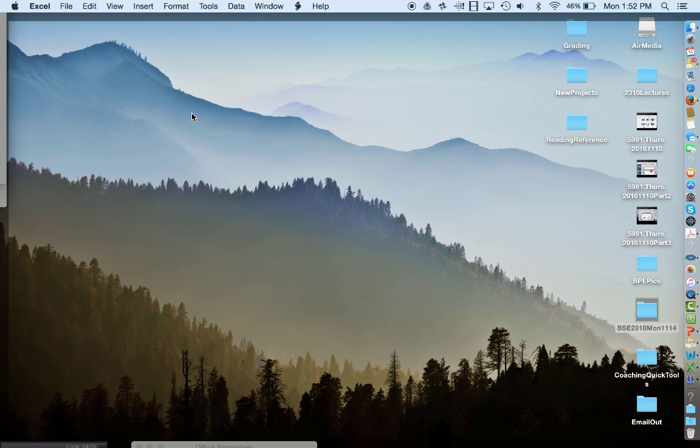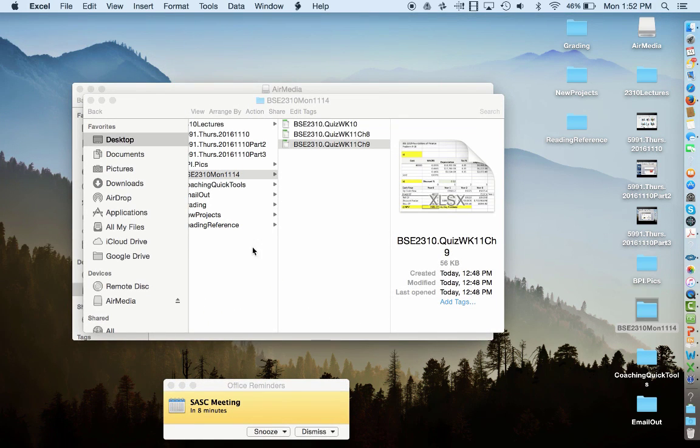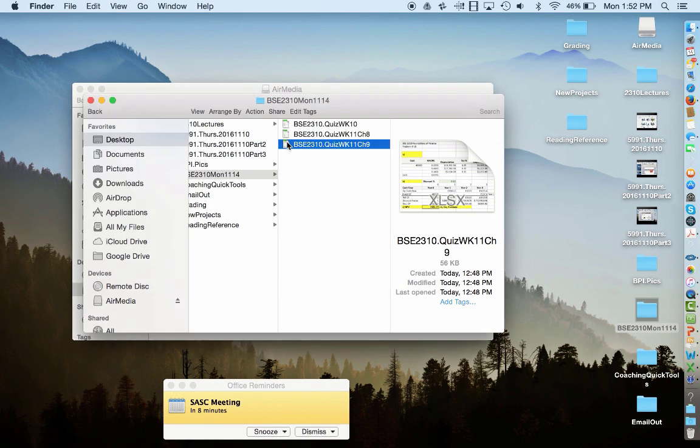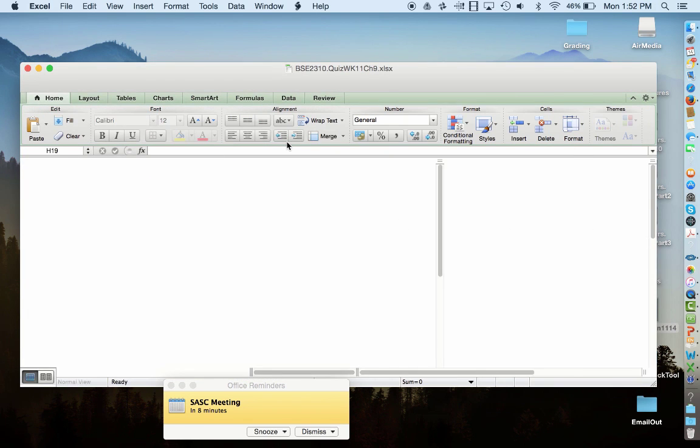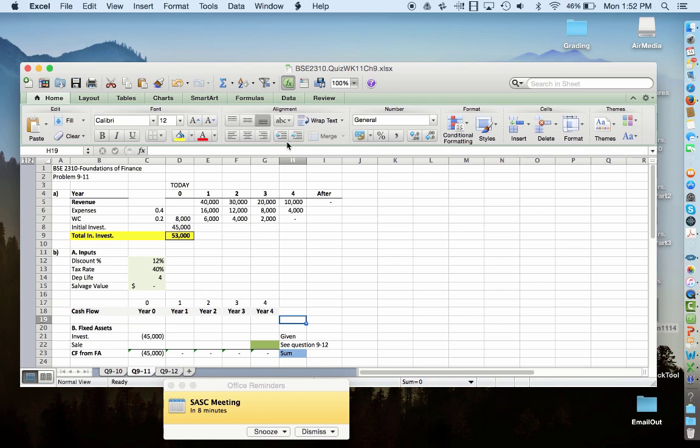Okay, so I want to walk through one of the Chapter 9 problems, number 11. Take my book back. And just see this in practice. So for this problem, we are given some information about the cash flows in year 1, year 2, year 3, year 4, and then thereafter.